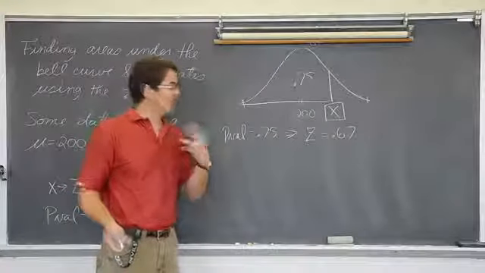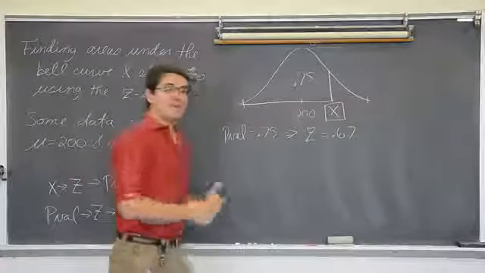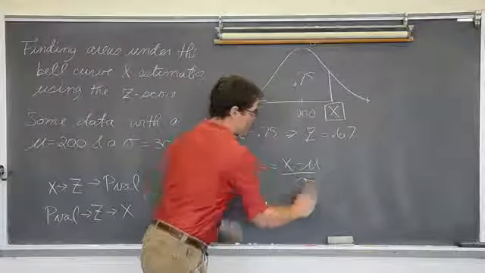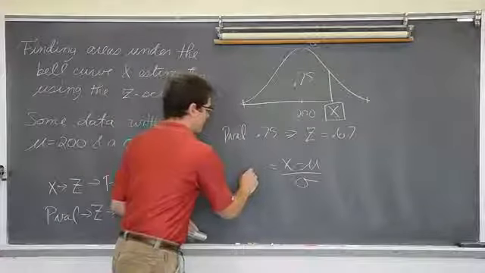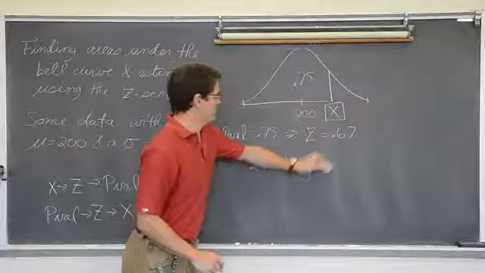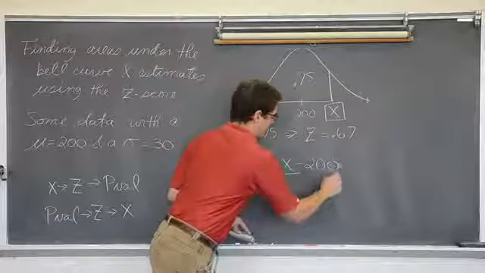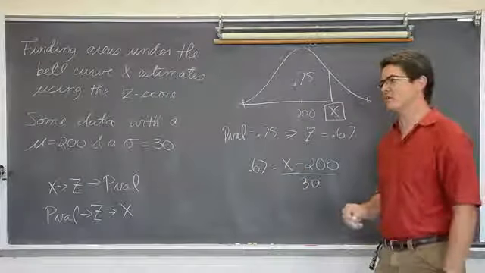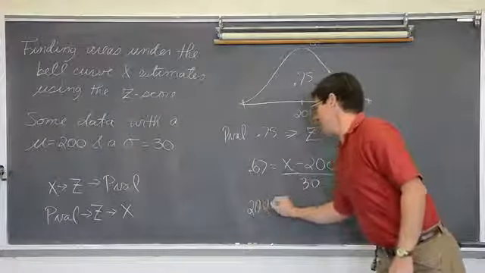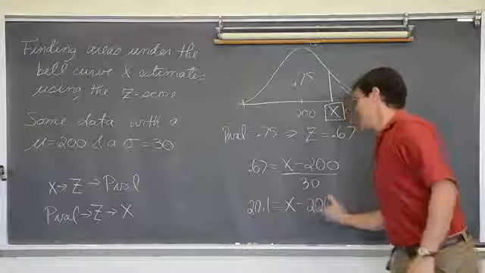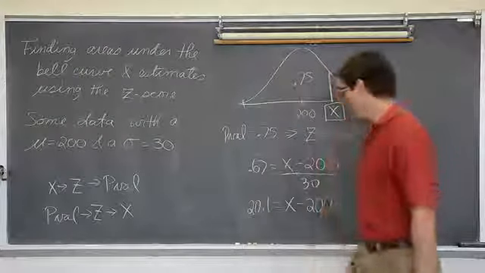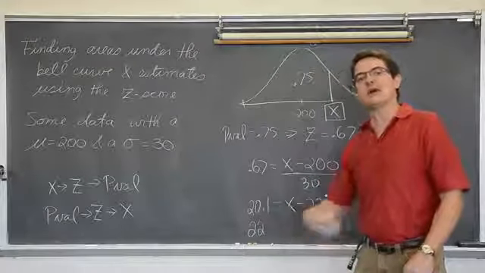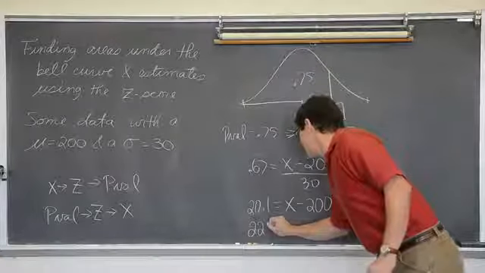Area? No. Perimeter? No. I'm going to do the z-score formula, which is z equals x minus mu over the standard deviation. Well, my z is 0.67, my mu is 200, and my standard deviation is 30. If I multiply both sides by 30, I get 20.1 equals x minus 200, and if I add 200 to both sides, I might just finish on time. And my statistic, my 75th percentile, my Q3, is 220.1.